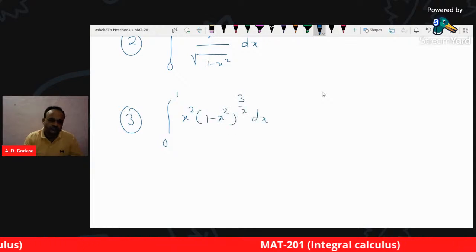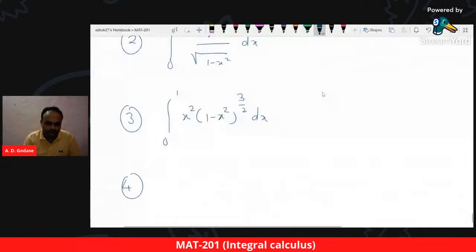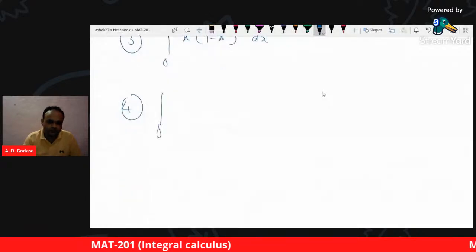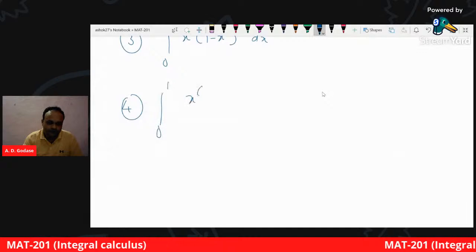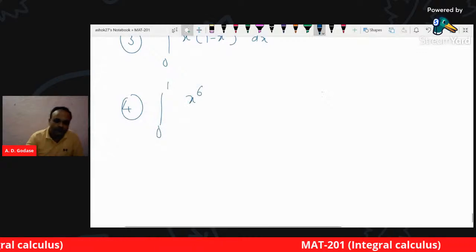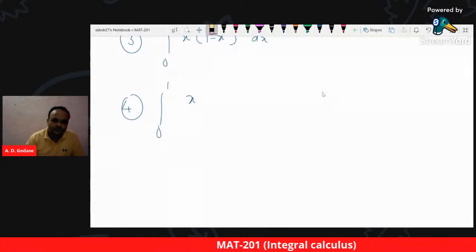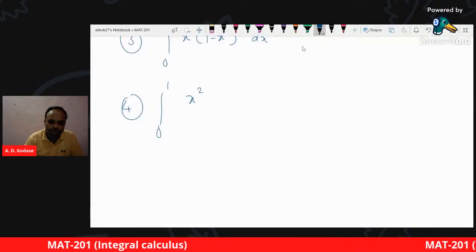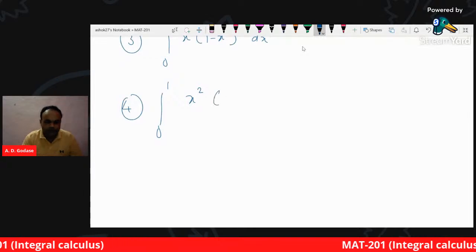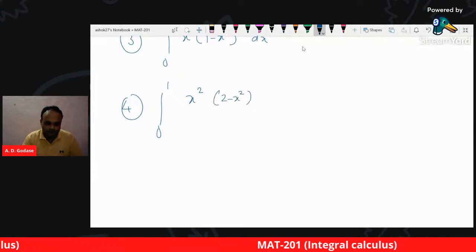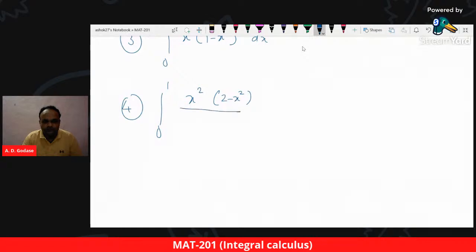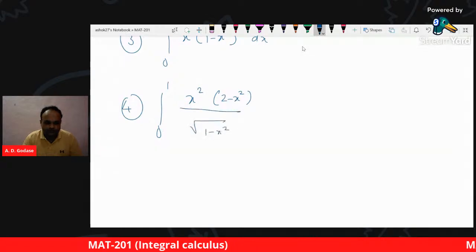And the fourth example you can solve is the integration from 0 to 1 of x square into 2 minus x square, and the whole divided by the square root of 1 minus x square dx.